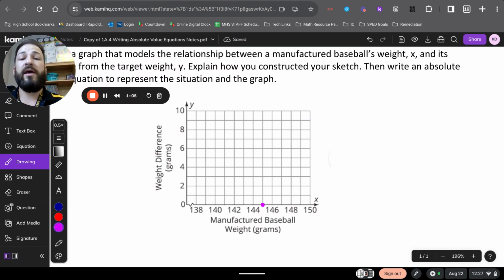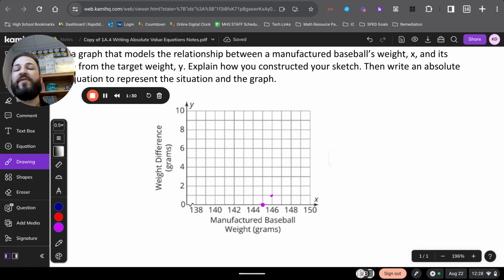Okay. Then for our baseballs, they don't tell us anything about the manufacturing, whether they're all vastly different or if they all just differ by the amount of weight difference that comes off of that 145. So we can assume that the absolute value function would just go up by 1 as the manufactured baseball weight goes up by 1.